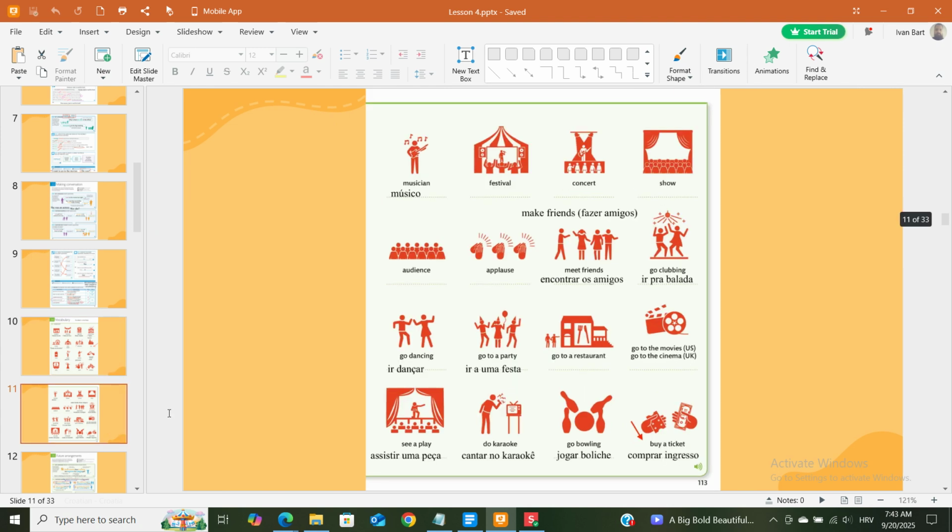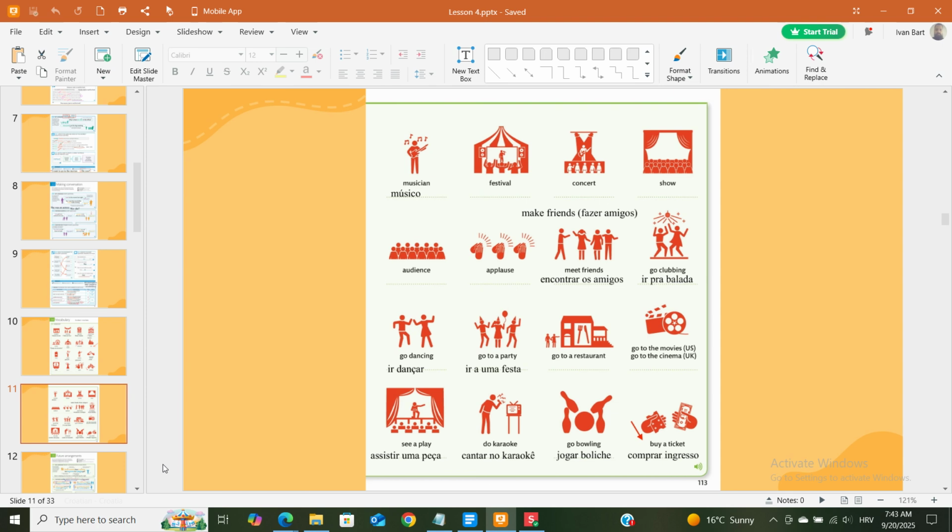Musician, músico. Festival. Concert. Make friends, fazer amigos. Show. Audience. Applause. Meet friends, encontrar os amigos. Go clubbing, ir pra balada. Go dancing, ir dançar. Go to a party, ir a uma festa.